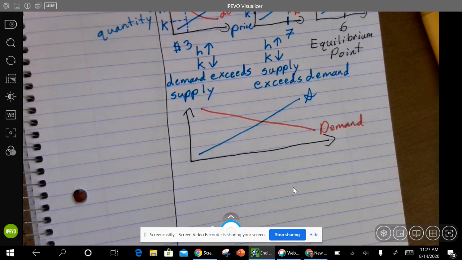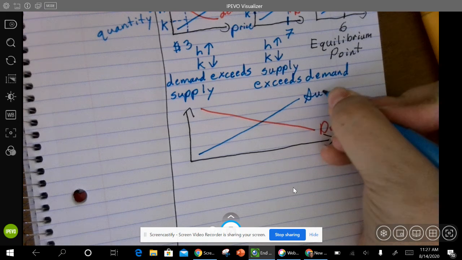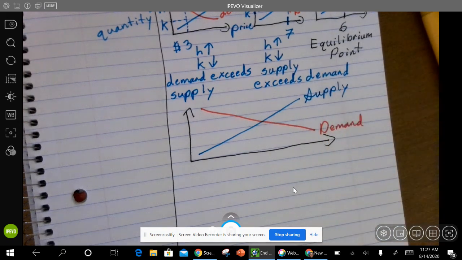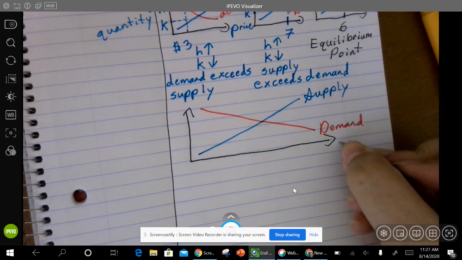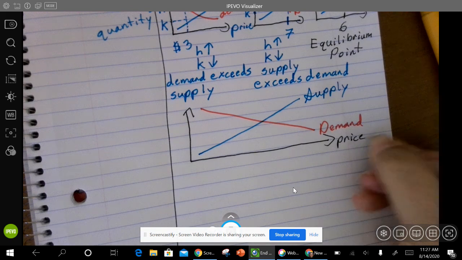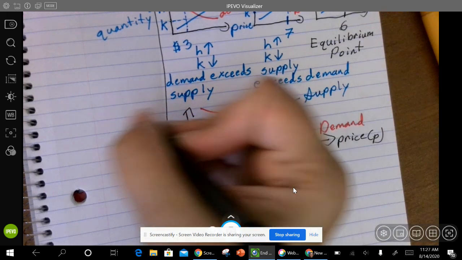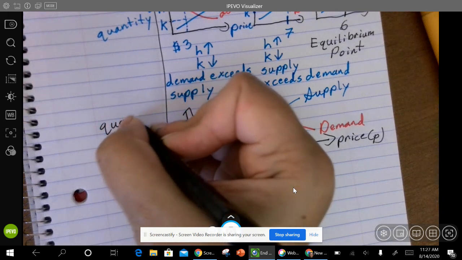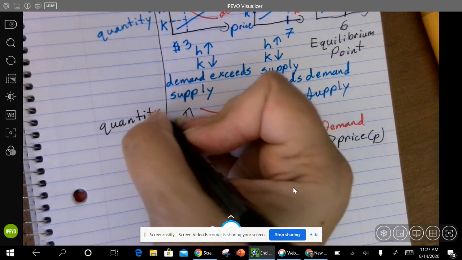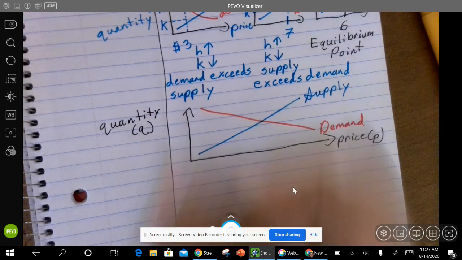Help you remember supply and demand. Put a cursive S for the supply, so we don't forget. Okay, so we have price. Okay, and then here is quantity. So how many we have? How many widgets we have?